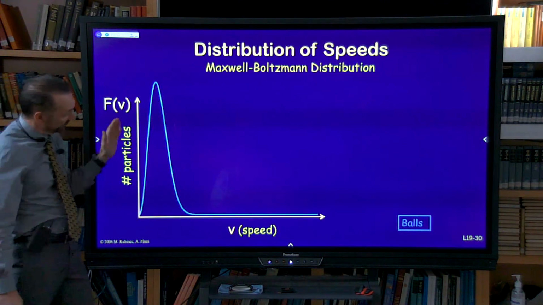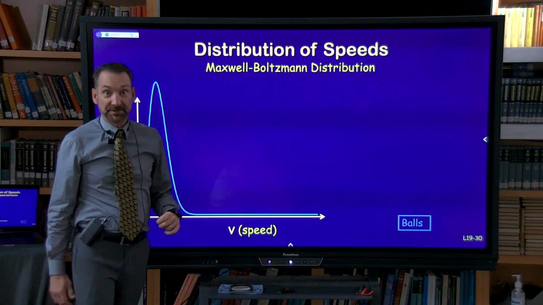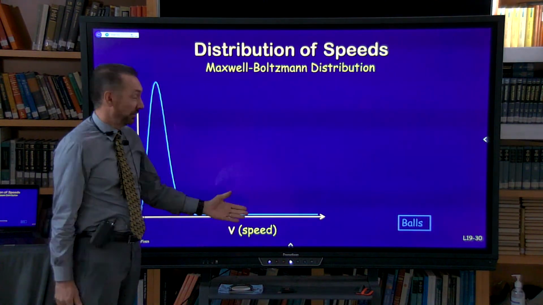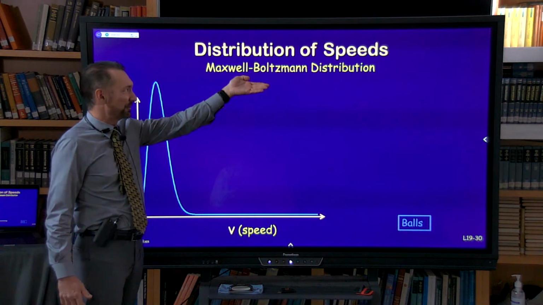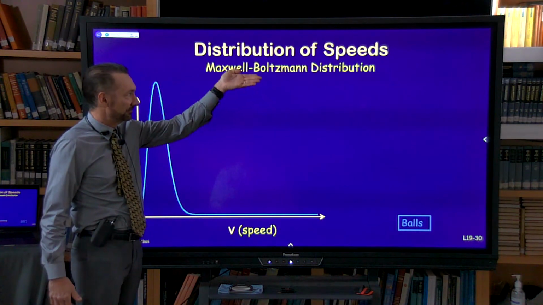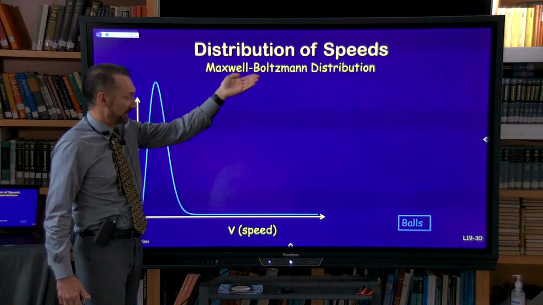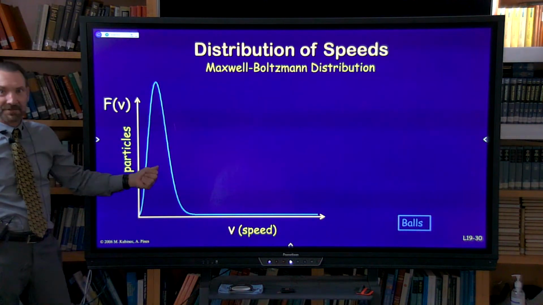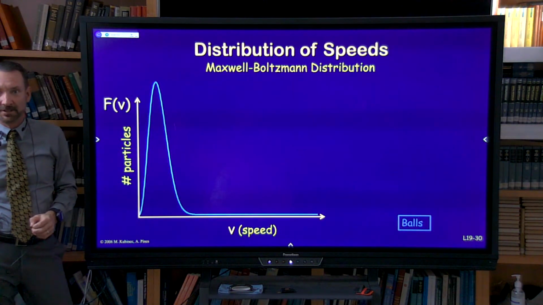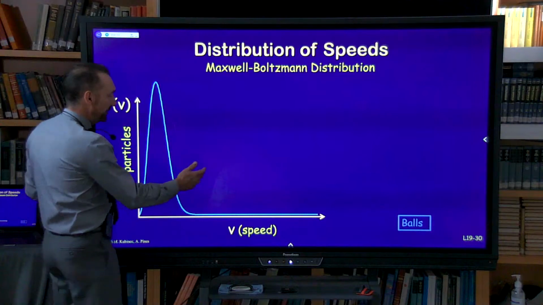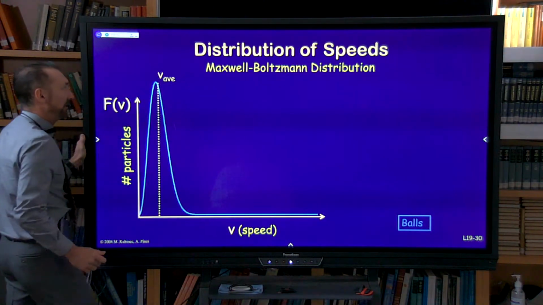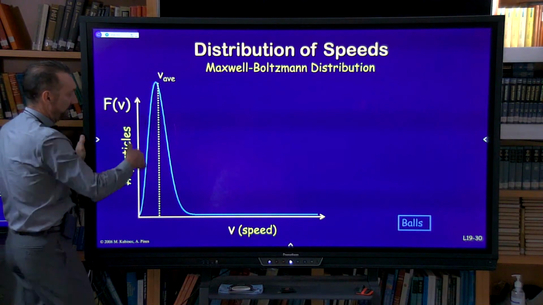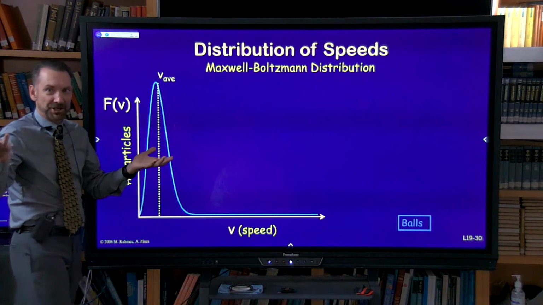And again, the functional form of this, if you want to write the math out, is an achievement of outstanding erudition and brilliance to derive, the expression for this distribution of speeds. Now we can just apply our general statistics.